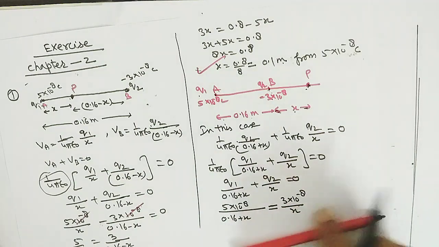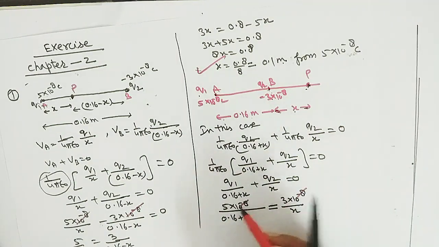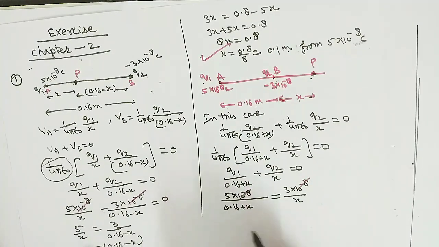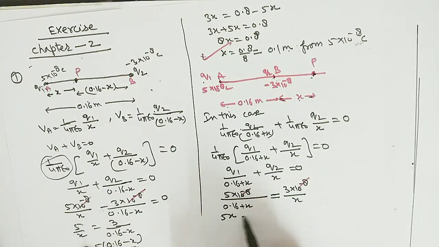So 10 to power minus 8 cancels on both sides. Simplify this value: 5x is equal to 0.16 into 3 plus 3x.